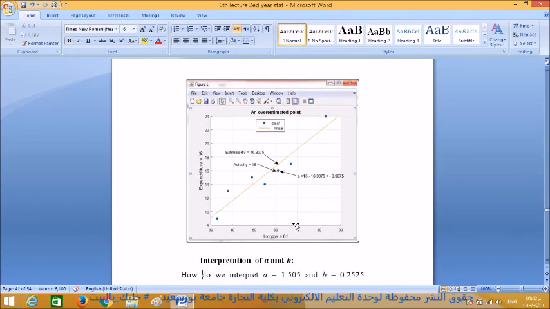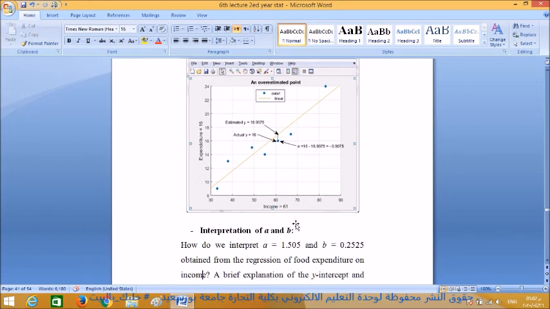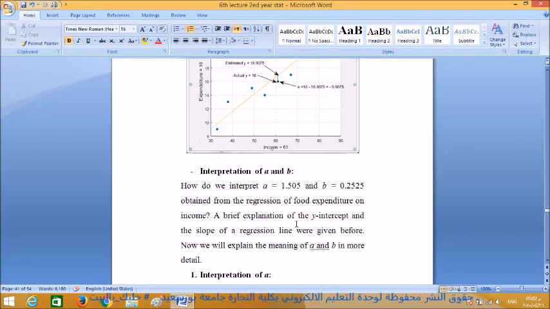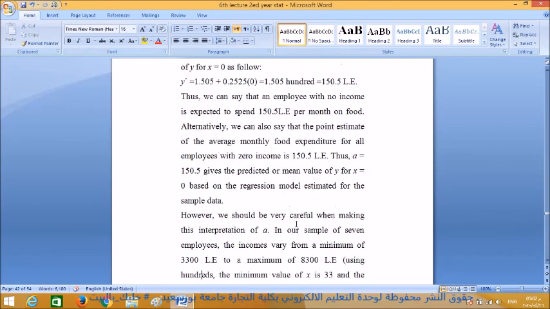Interpretation of A and B, as we said before: A is a constant, the value of y when x equals 0, and B is the slope or the coefficient of regression, which means the rate of change in y when x changes by only 1 unit. This is the meaning of A and B as we explained before.